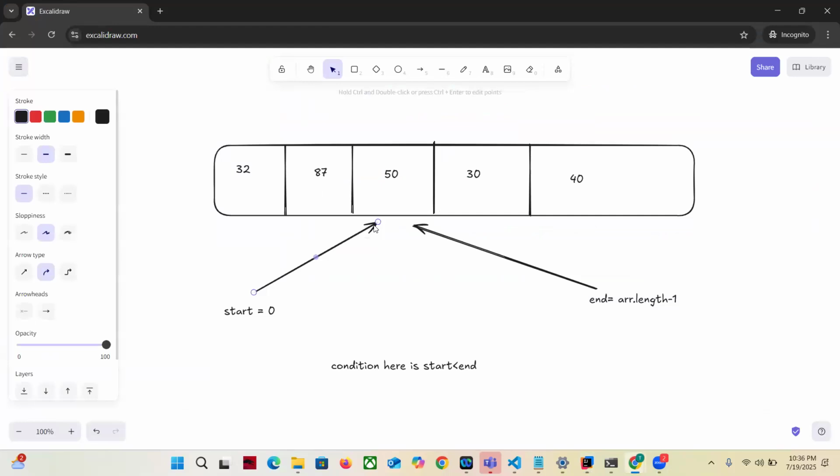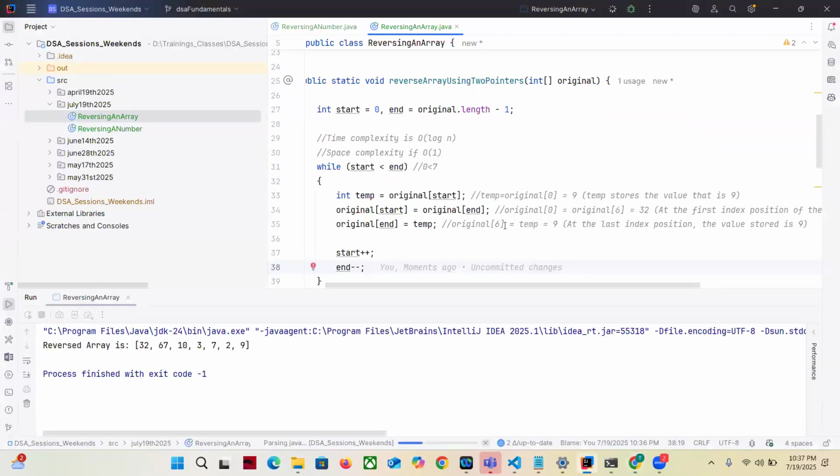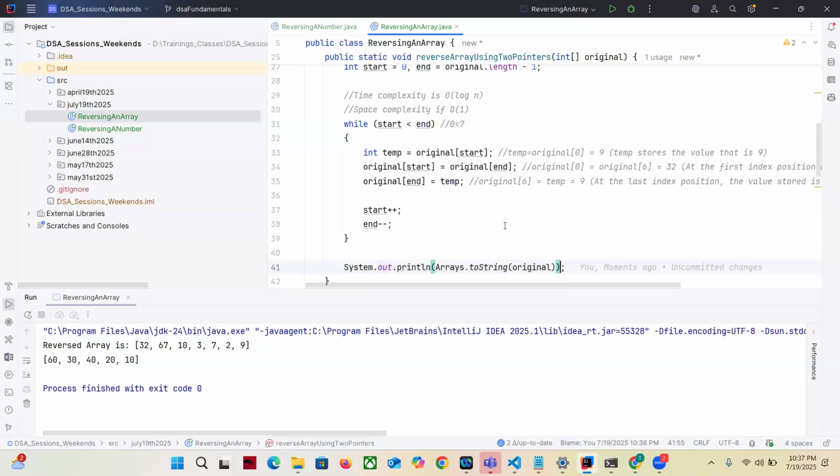Once the swapping of data has happened, my start pointer has moved forward and my end pointer has come backward. This was the thing that we missed in the logic. Is this clear? Yes.